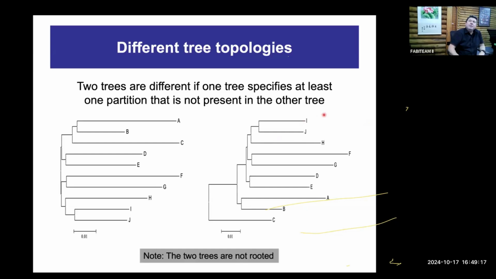So to the people online, the comment from one of the students is that in the first tree we have whatever the common ancestor for everything is, and we see the speciation event of the common ancestor between C and A and B. And that happens differently in the second tree from how I'm reading the trees.